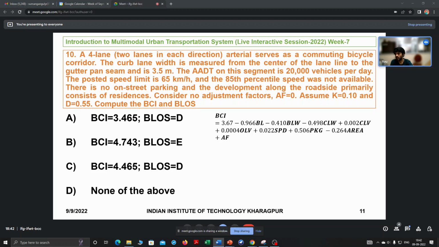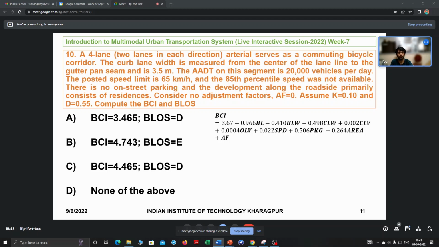So what is your BL, BLW? 3.247? So according to you, if it is 3.4, just means if you calculate your BCI in a proper manner, you will get the exact level of service. That is not a problem, because ultimately I will go to the previous slide, I will see the corresponding BLOS code.